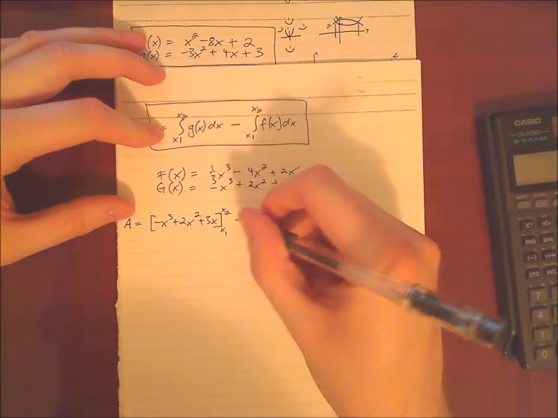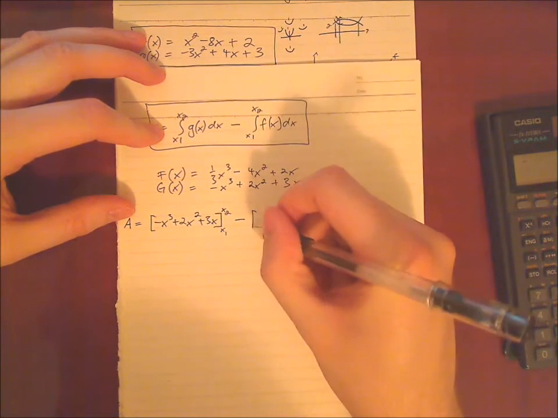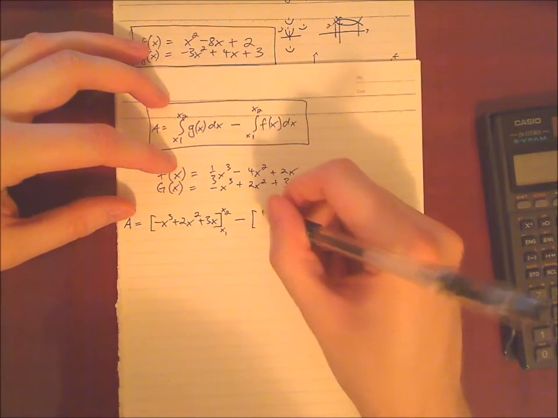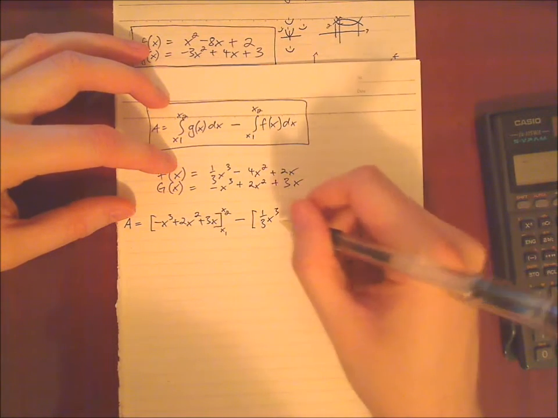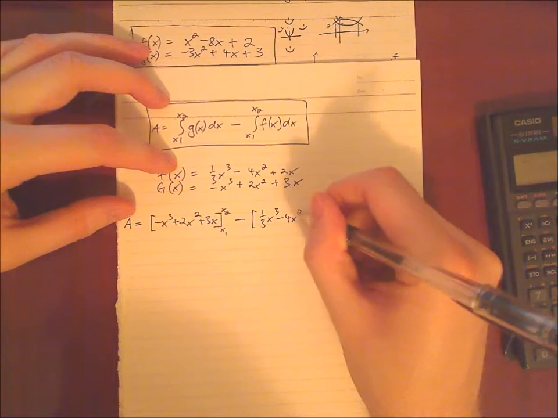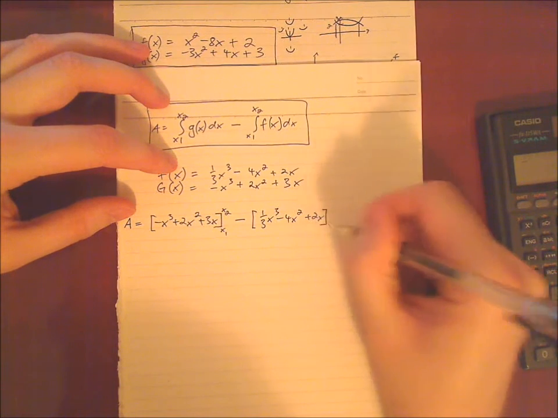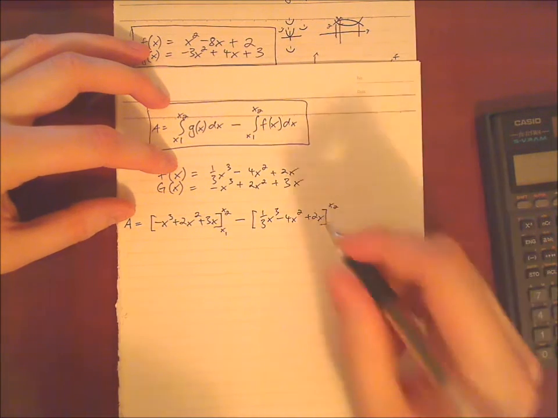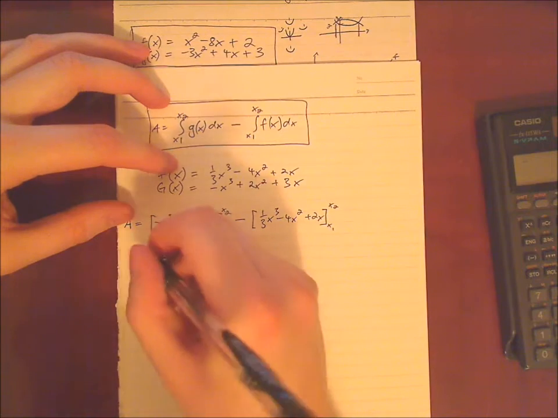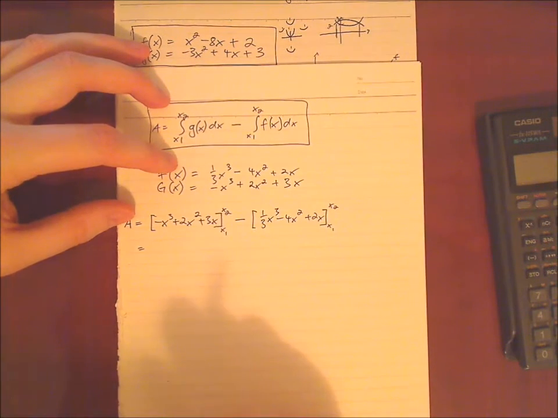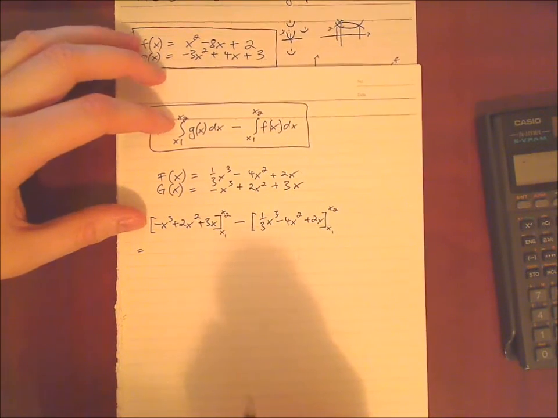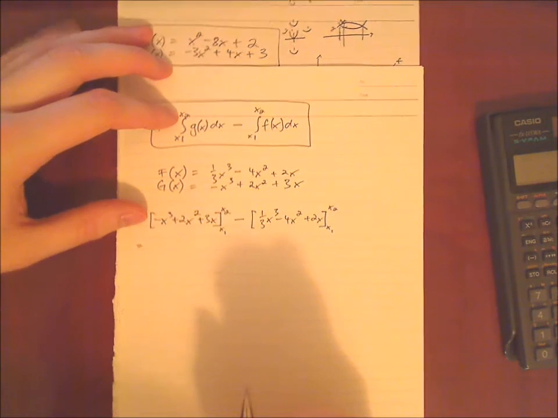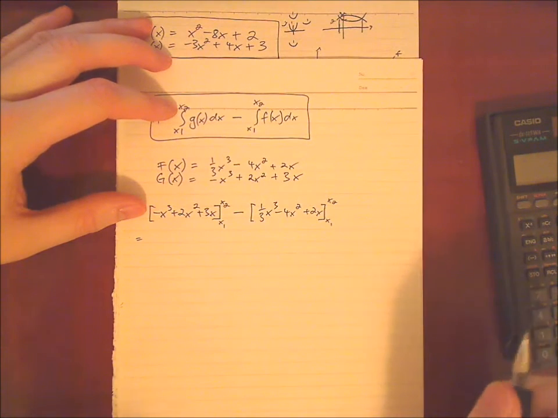We need to subtract, and same thing. Now we take f, 1/3 x to the power of 3 minus 4x to the power of 2 plus 2x, also between x1 and x2. And so now it becomes a little bit ugly, but it's straightforward. Just make sure that you don't make any mistakes.